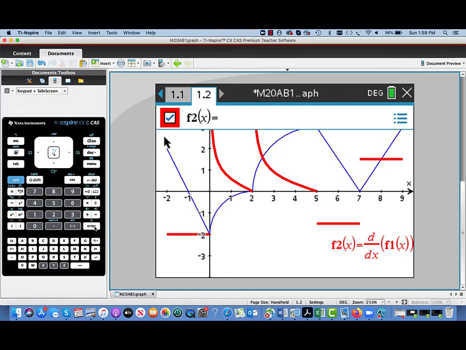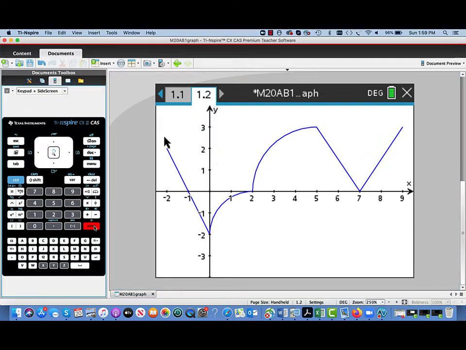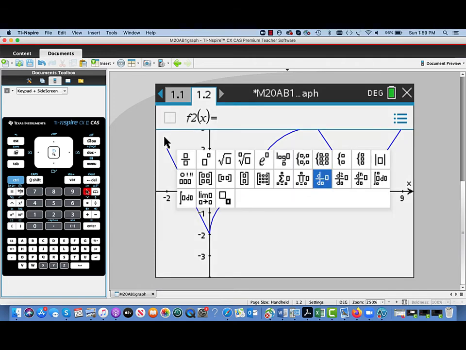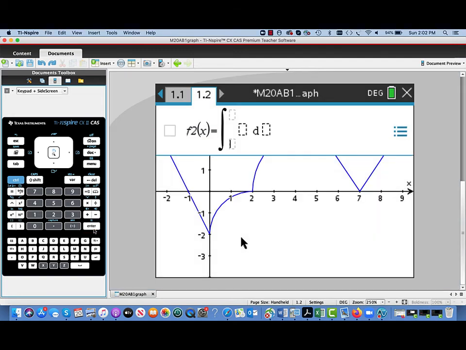All right, now I'm going to turn off that derivative, and now we're going to take a look at an antiderivative. In other words, suppose this blue graph is the graph of the derivative. So we're going to take a look at an antiderivative of this function. So I'm going to pull up the definite integral template, put that into f2, and then we're going to use a lower limit of 0.